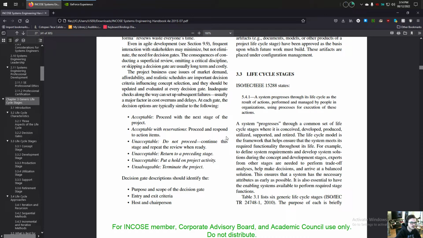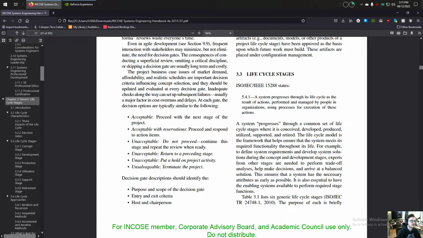The lifecycle model is the framework that helps ensure that the system meets its required functionality throughout its life. For example, to provide system requirements and provide system solutions during the concept stage and development stage. Experts from other stages are needed to perform trade-off analysis, help make decisions, and arrive at a balanced solution. This ensures that a system has the necessary attributes as early as possible.